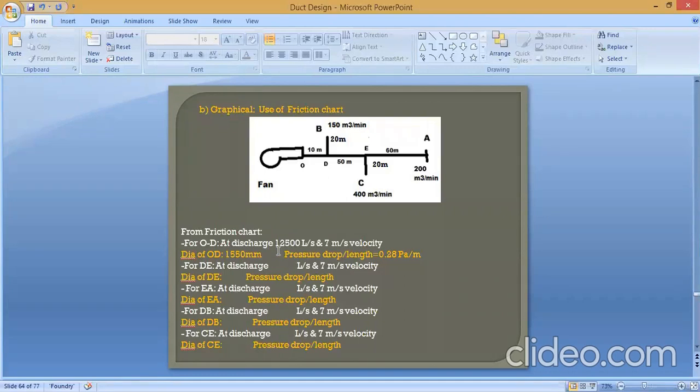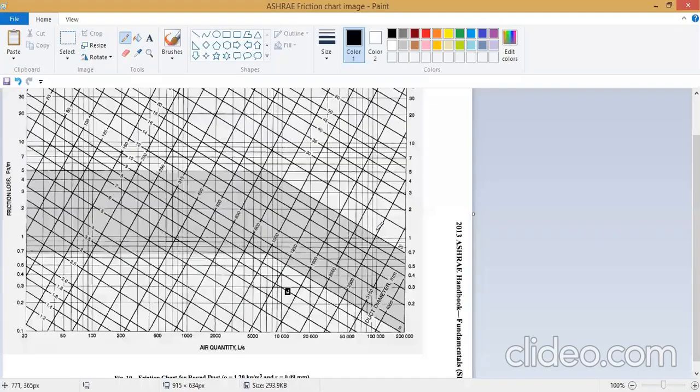If you convert that into liters per second, that comes to be 12,500 liters per second. If you plot it on this friction chart, on the x-axis air quantity in liters per second, 12,500 comes here approximately, and velocity is constant, which is 7 meter per second. The lines intersect here, so this is your point.